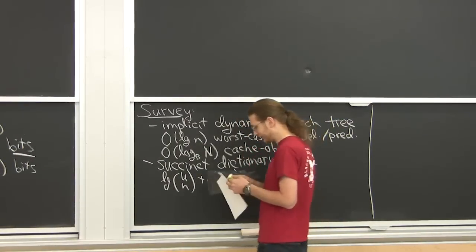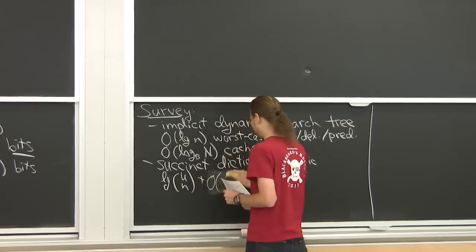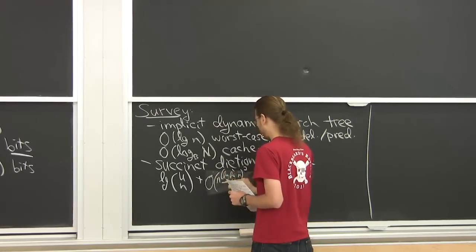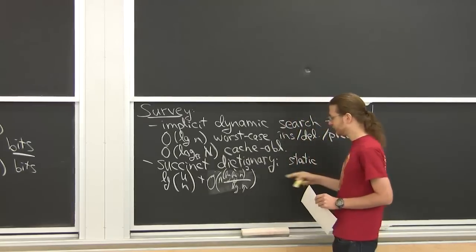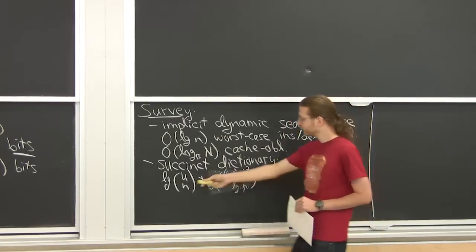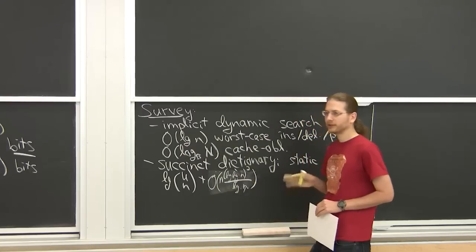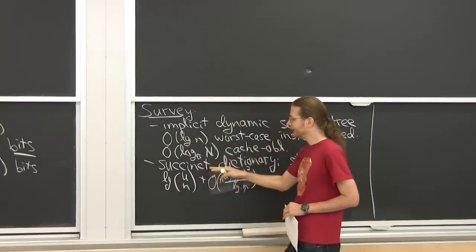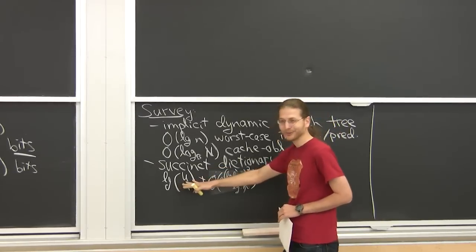I don't know how exciting this is, but you get to know how little o it is: n log squared log n over log n. So this is slightly smaller. It depends. If n is small, this is like n log u, I should say.